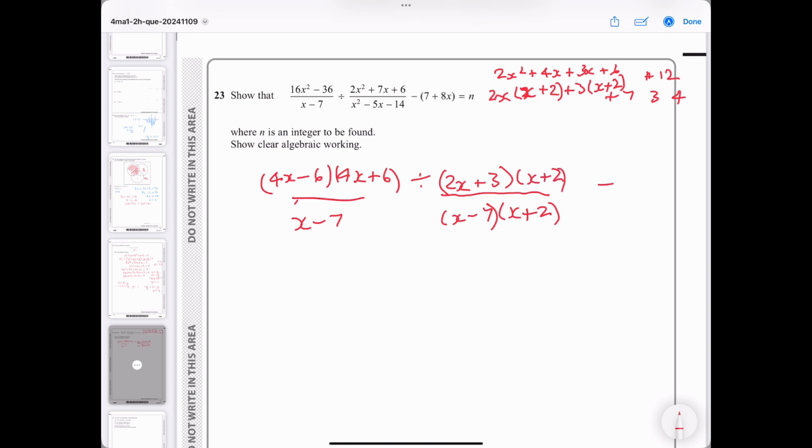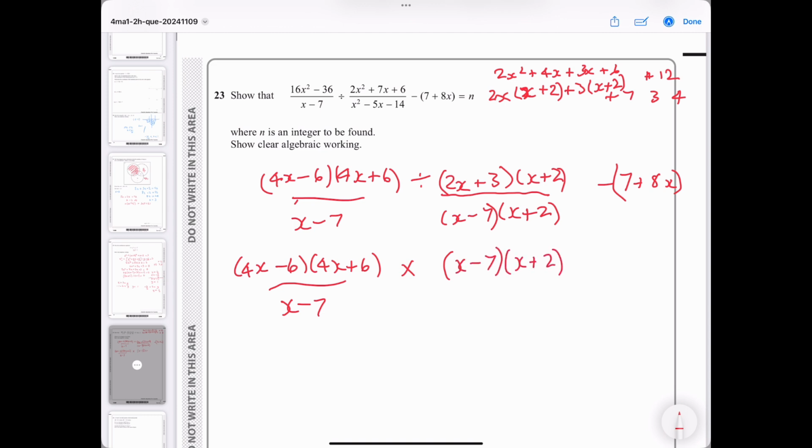And then we have to minus the 7 plus 8x. So I'm just going to keep that, because I can't really do a lot with it. And then I'm going to change it to times, and flip this. So I've got x minus 7, x plus 2.